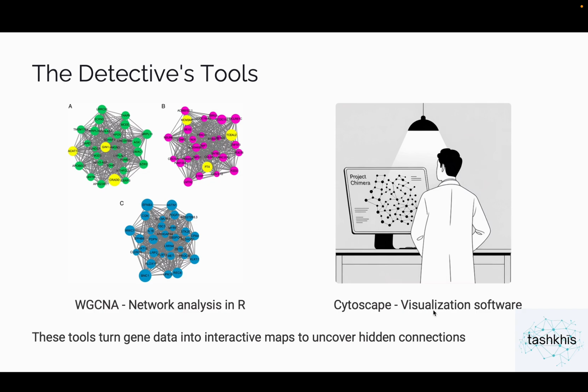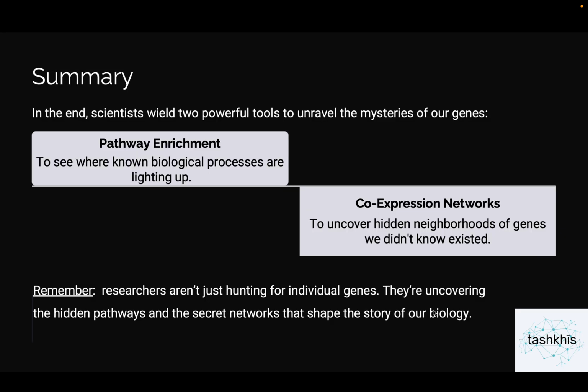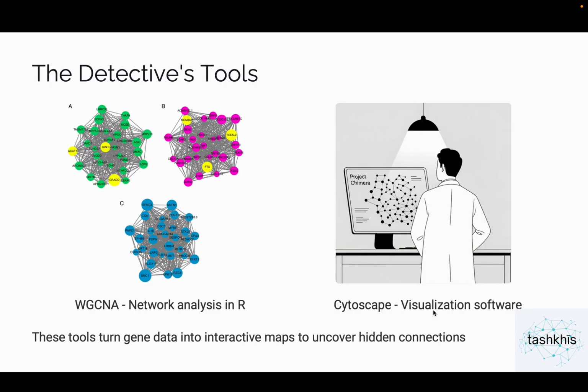For example, in cancer research, this approach has revealed hidden gene modules that drive tumor growth. Even when no known pathway was involved, co-expression networks showed groups of genes firing together, pointing to new biology, and sometimes brand new therapeutic targets.